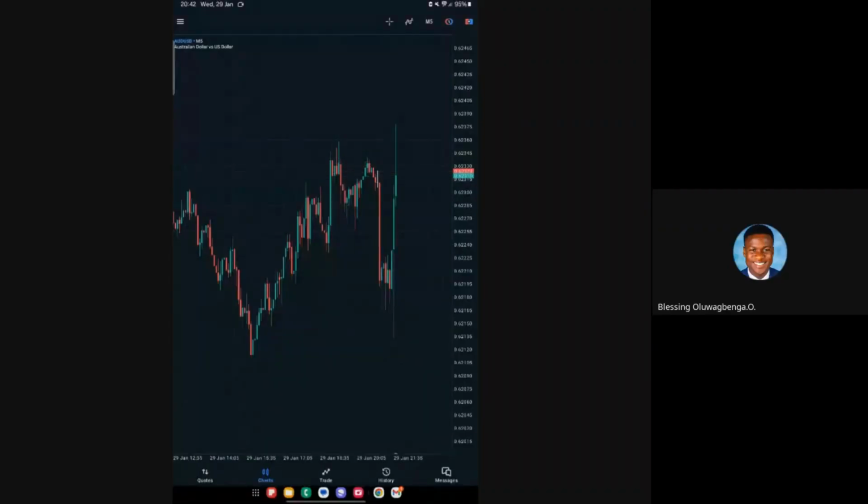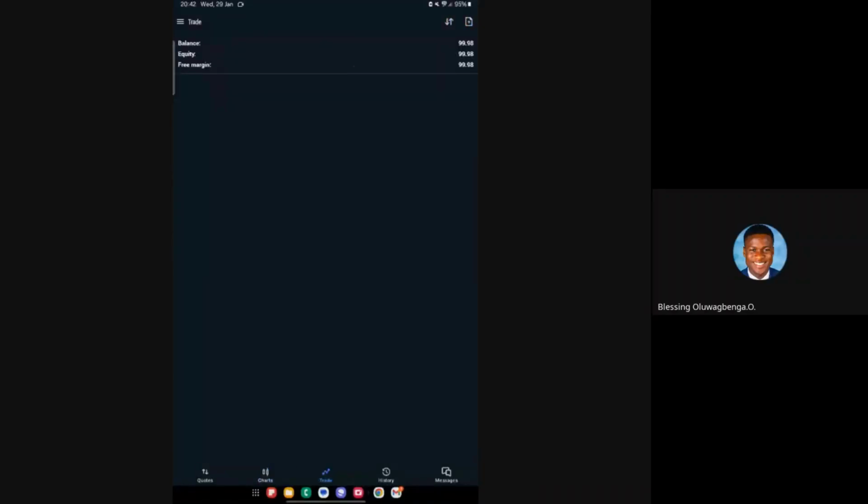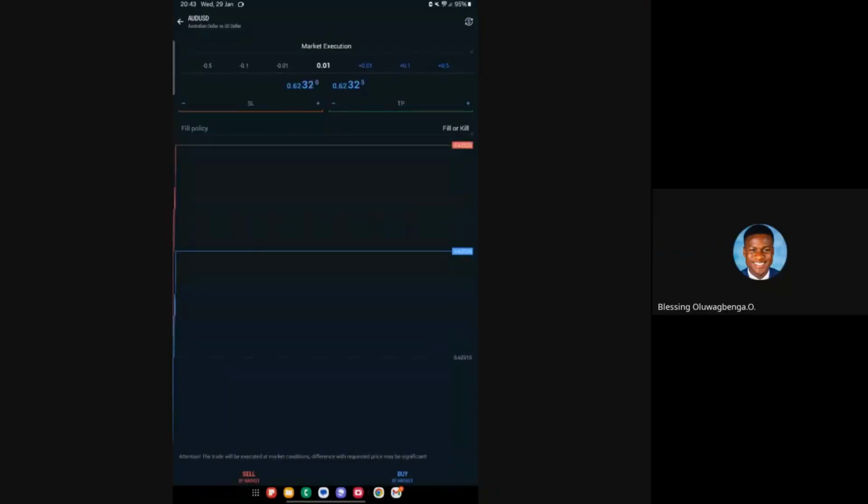And of course, we know our entry. So if you want to place your trade, at the bottom you can see trade. All right. If you look at the top right, you will see a plus sign. Click the plus sign.